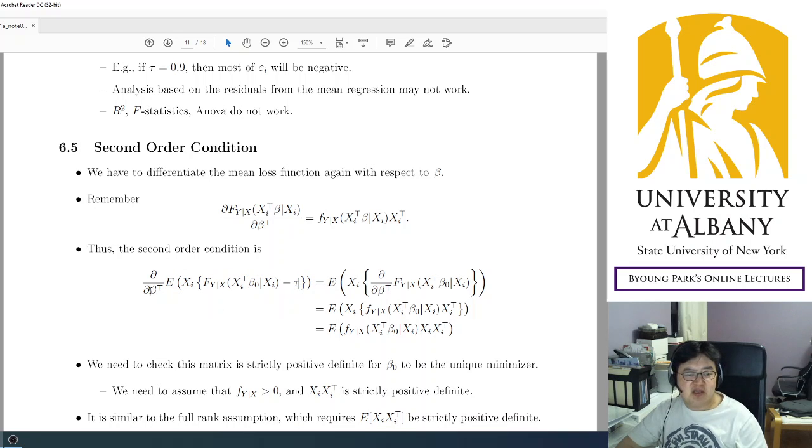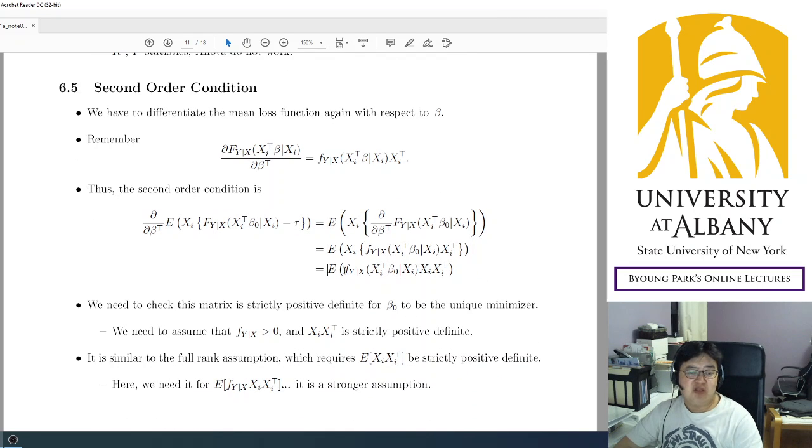So differentiated again, the differentiation goes inside the mean, and beta is only here. Differentiate with respect to beta, and you get the density. The conditional density is the result of the second order derivative. So you get the expected value of the conditional density times xx prime.